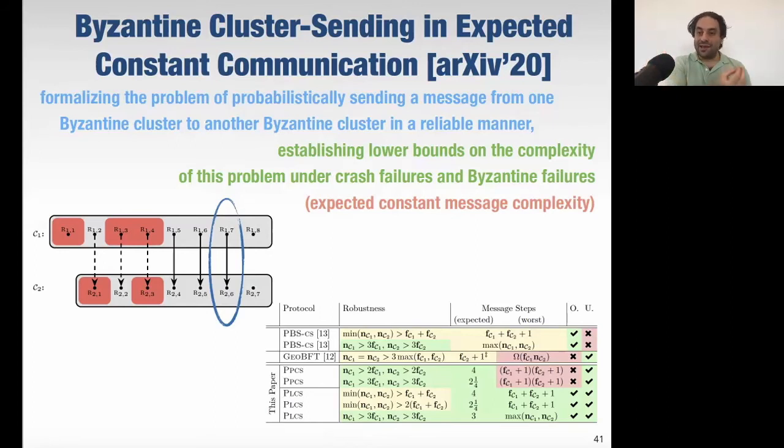But the essence, what needs to go geographically, across continents, across the ocean in terms of message latency, we can now do in a constant number of steps. And that's the power of this new theoretical foundation that we have built around this very basic primitive problem of sending a message from one cluster to another cluster in a reliable way.